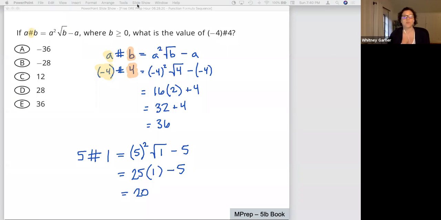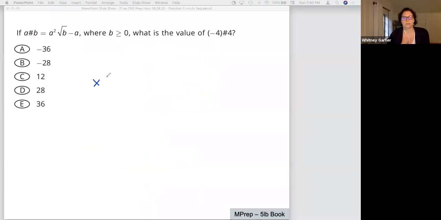Yeah. And they can give you all kinds of crazy versions of this. They could tell you X star Y, and then they could do X star Y is equal to X plus Y squared minus Y or something like that. And then they tell you this, what is 2 star 1?